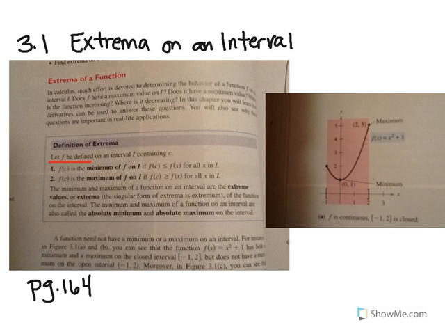So the minimum and maximum of a function on an interval are also called absolute minimum and absolute maximum on that interval. And so in order to be a maximum or a minimum, like in absolute terms, it must be the very biggest or the very smallest. All right, so let's take a look at some more definitions.